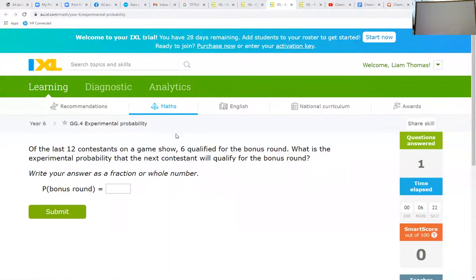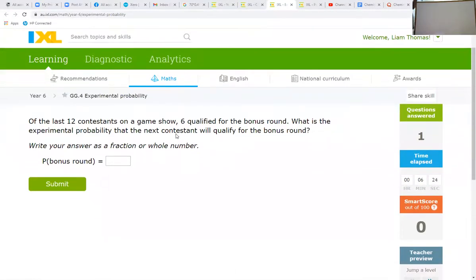Okay. So we were looking at the experimental probability. So write down the numbers on there. Right, we've got that down, everybody playing along at home.